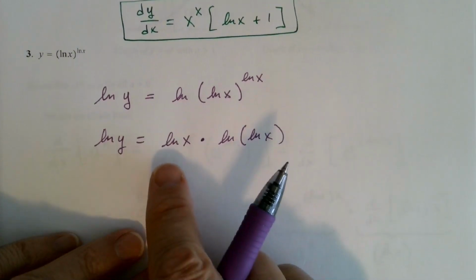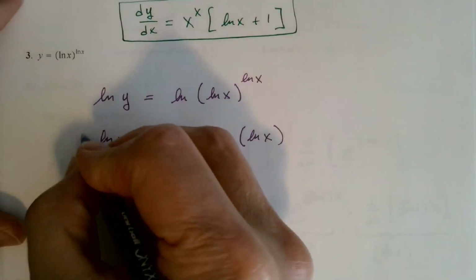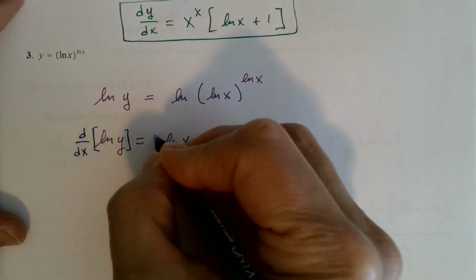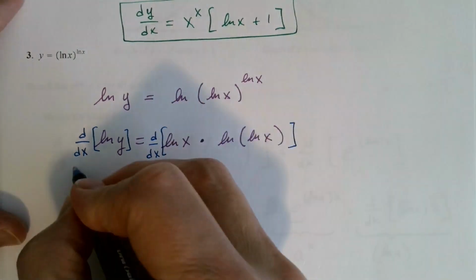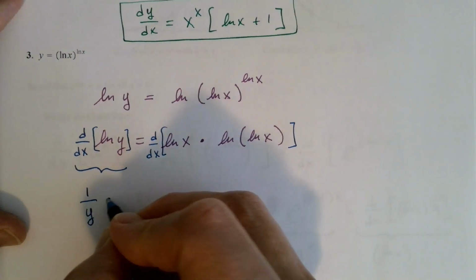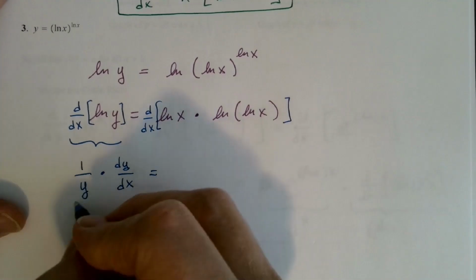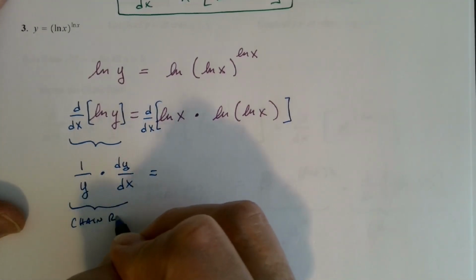Now I can actually use implicit differentiation. I take the derivative with respect to x of both sides. This again becomes 1 over y times dy dx. That's the chain rule. I've seen that several times.